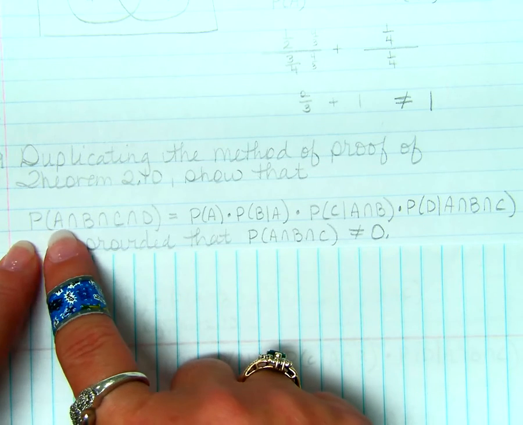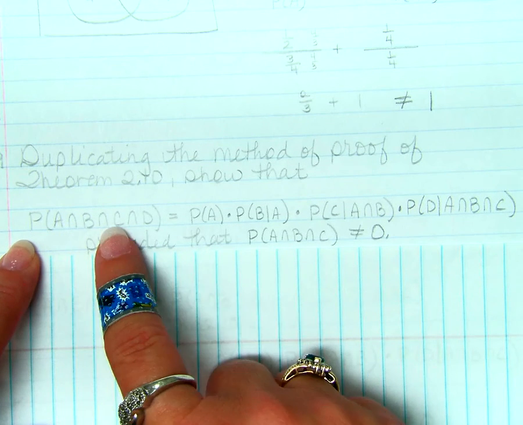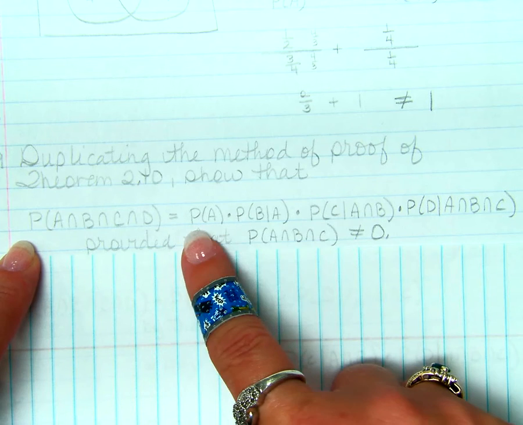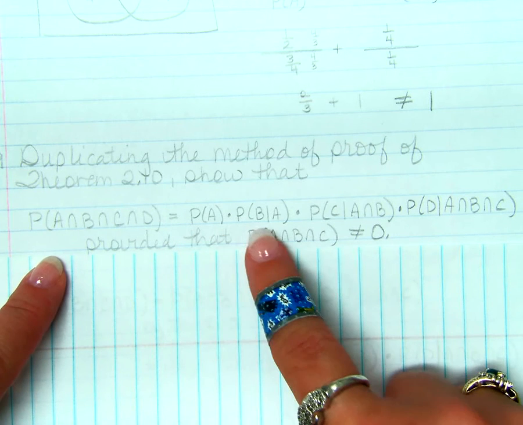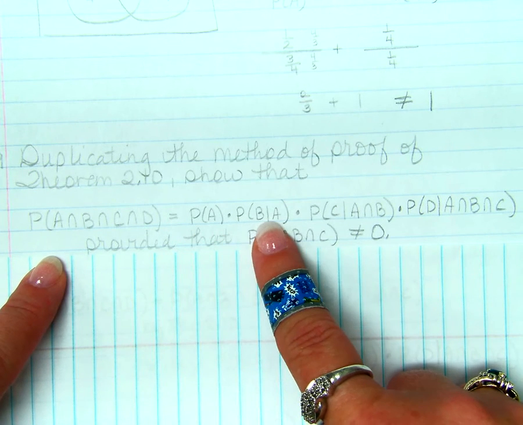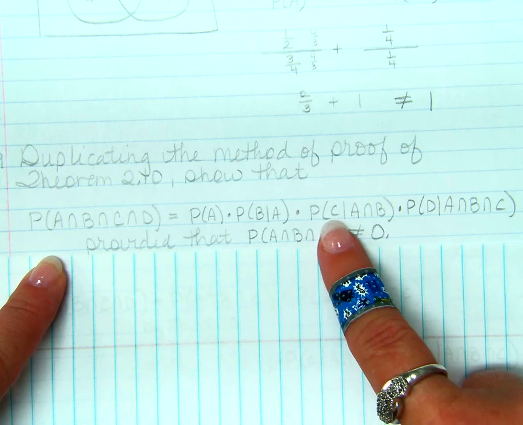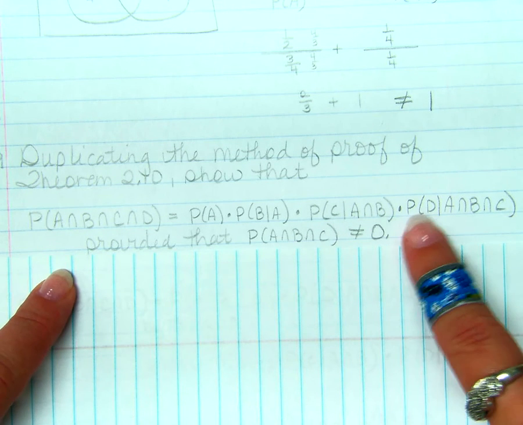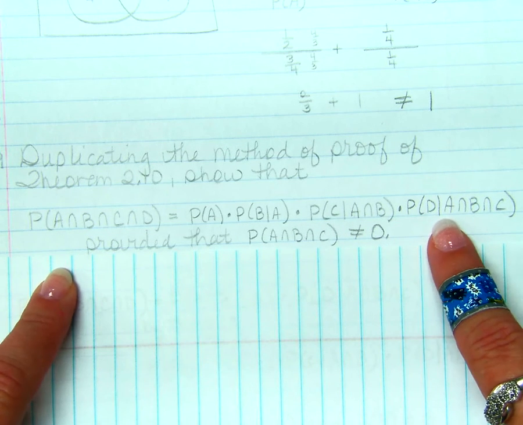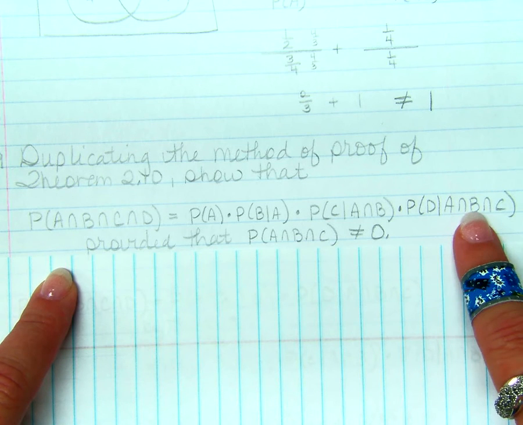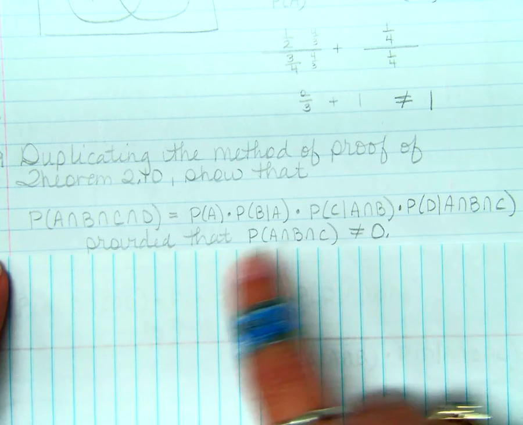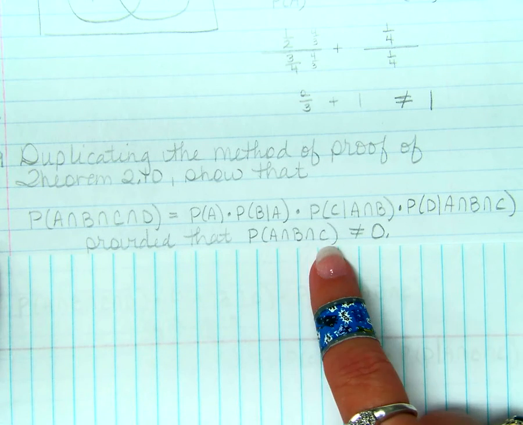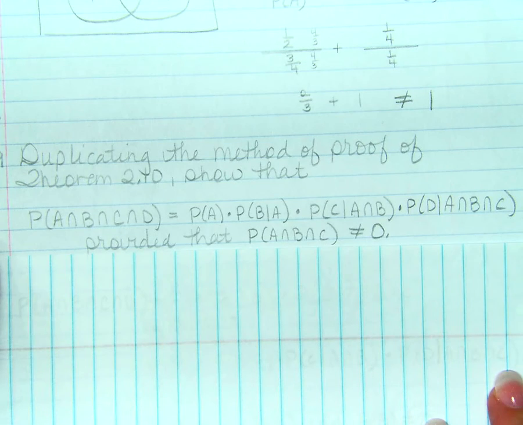Prove that the probability of A intersect B intersect C intersect D equals the probability of A times the probability of B given A times the probability of C given A intersect B times the probability of D given A intersect B intersect C, provided that the probability of A intersect B intersect C is not equal to 0.